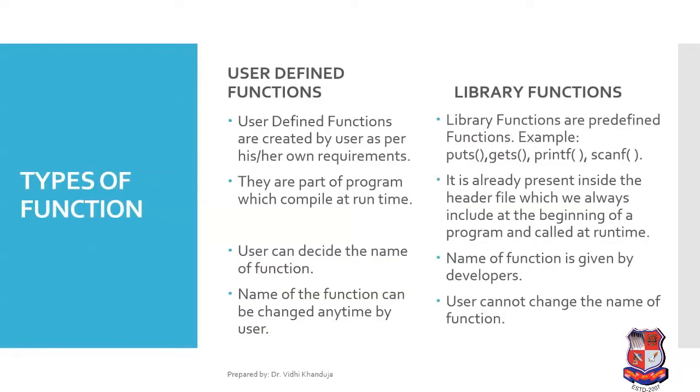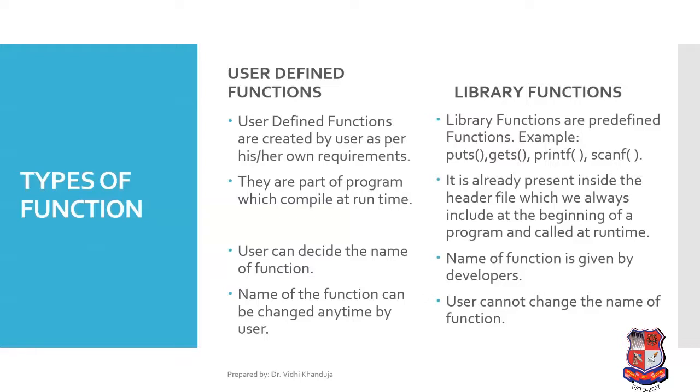The types of functions. In the previous example, we used functions which were already existing. Such functions are known as library functions. They have their definitions already written by developers.